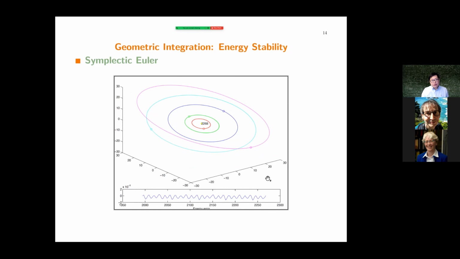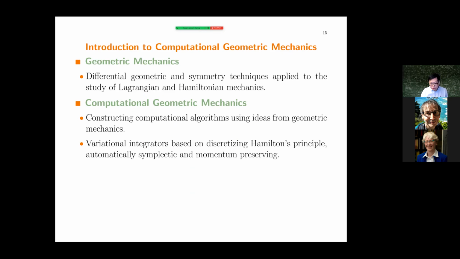Most of what I do focuses on this idea of structure preservation in the continuous theory, from the perspective of what is called geometric mechanics. Geometric mechanics involves the use of differential geometry and symmetry techniques to study analytical mechanics, particularly Lagrangian and Hamiltonian mechanics.